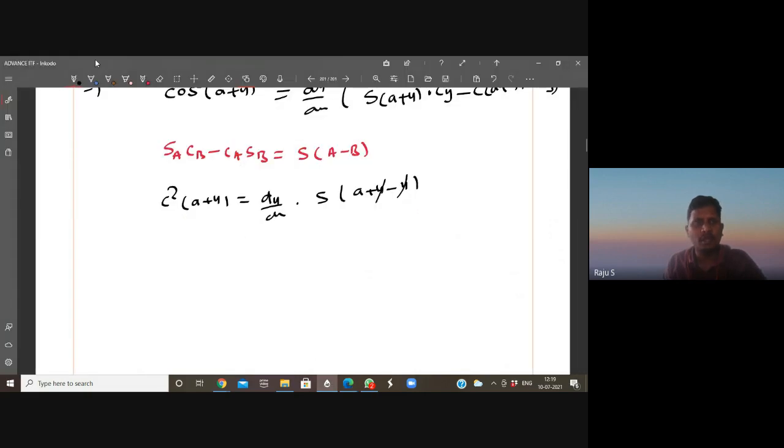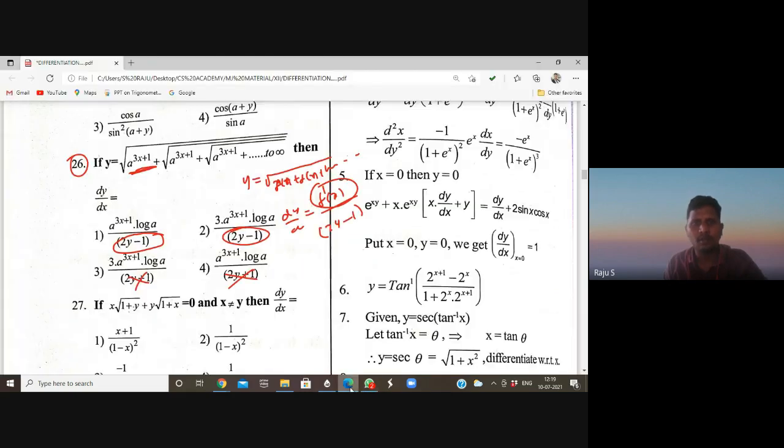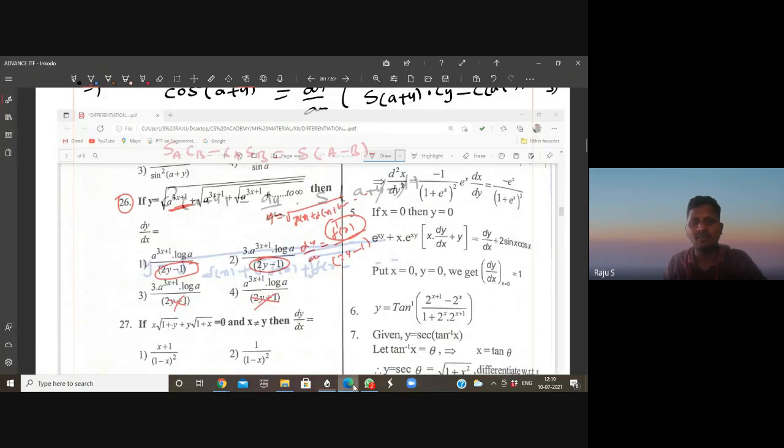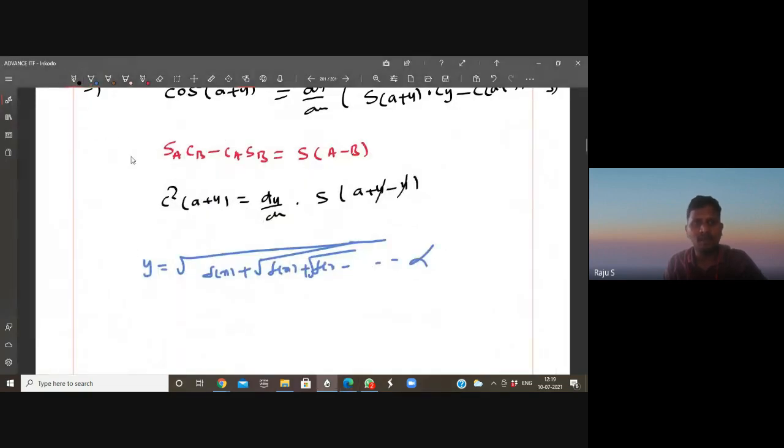See, if the question is in the form of y is equal to square root of f of x plus square root of f of x plus square root of f of x, and so on like that, when it is an infinite series, what I said already, squaring on both sides, we get f of x plus square root of again f of x plus square root of f of x plus so on up to infinity.